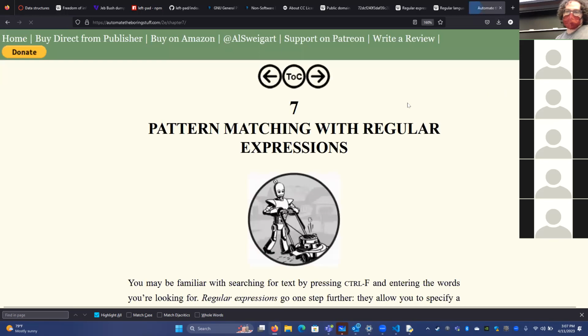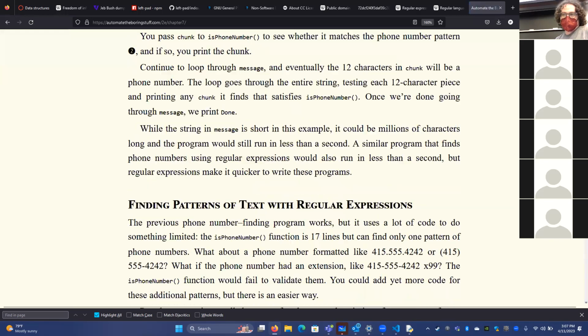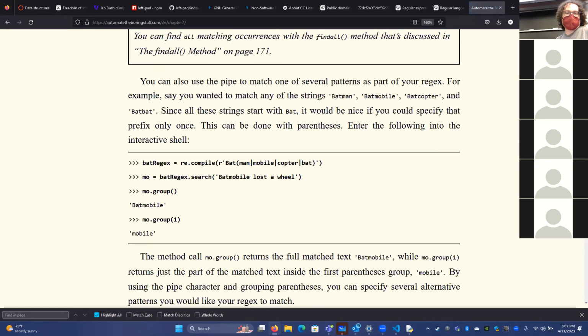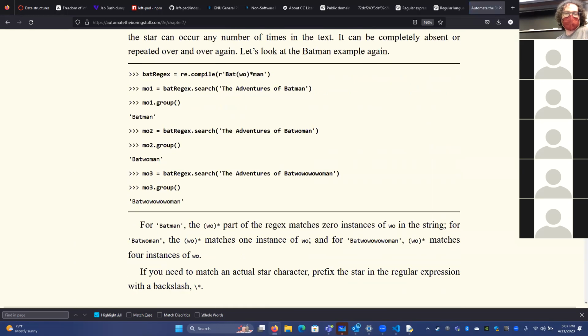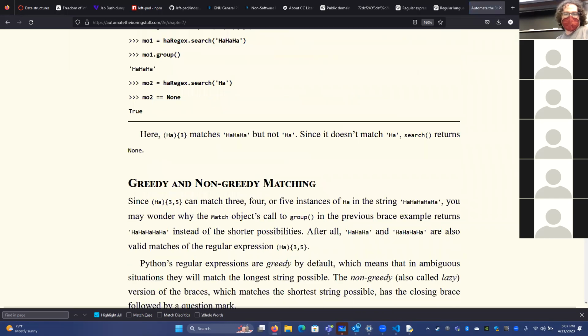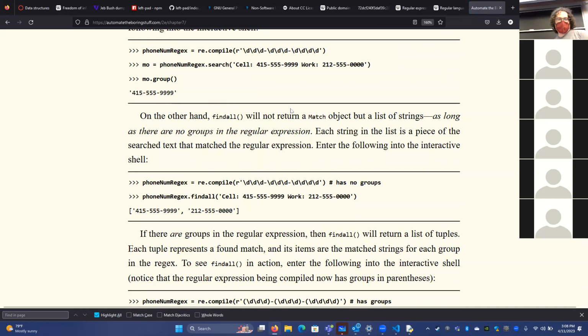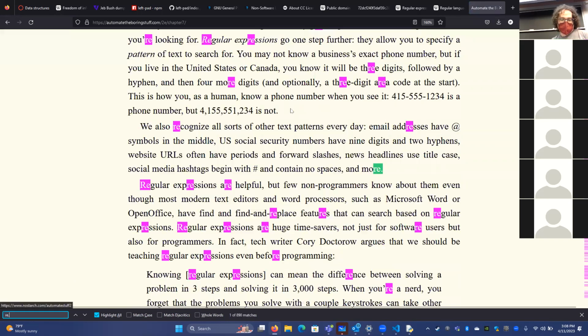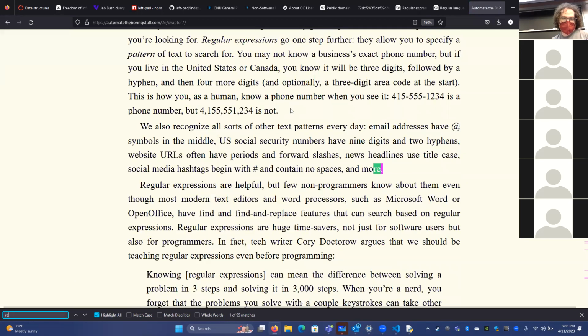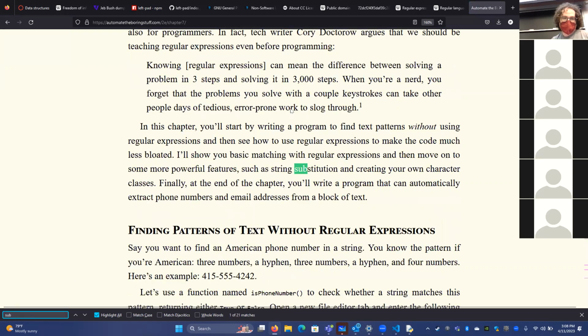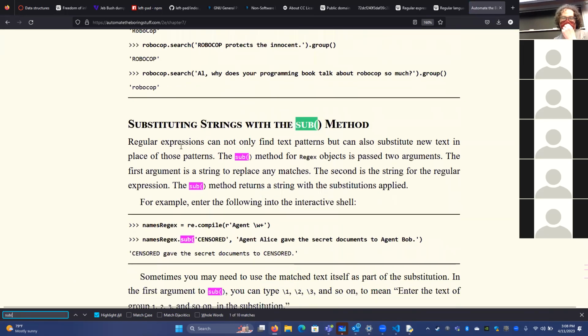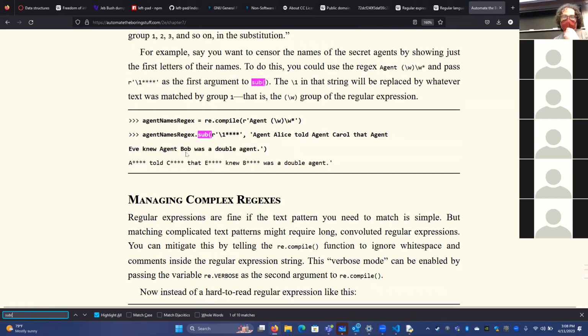So with regular expressions, first off, there's going to be a lot of RoboCop examples because that's what he does. Also bat, but let's see. Does he do re.sub? No, he just uses the sub method. So over here, yes, you can use, interesting, oh, you have to use raw strings.